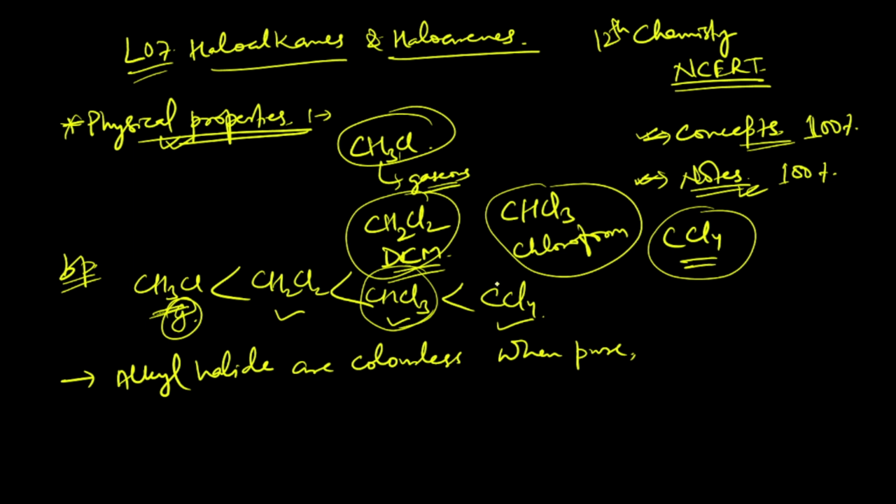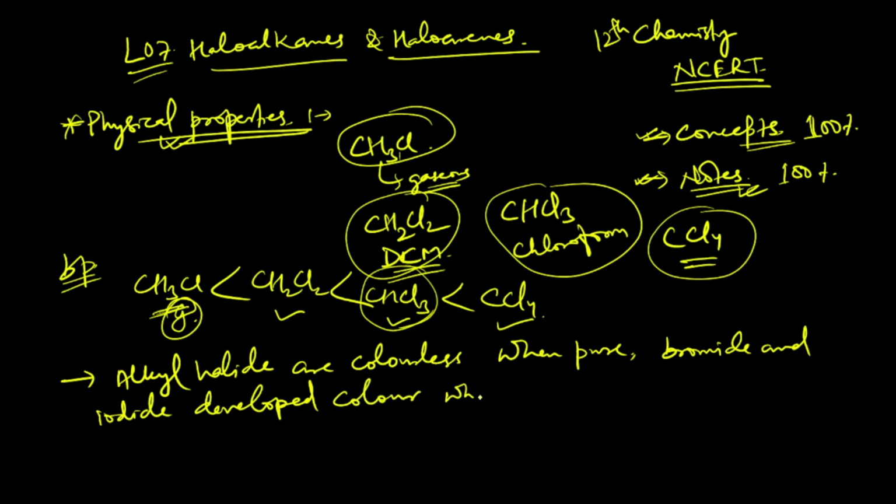They don't have any particular color. However, bromides and iodides develop color when exposed to light. We know that bromides and iodides develop color when exposed to sunlight.